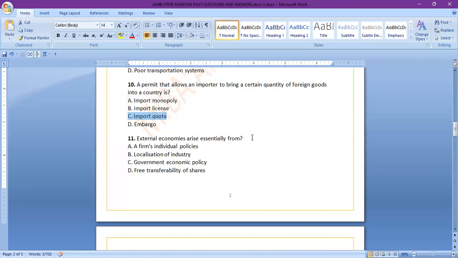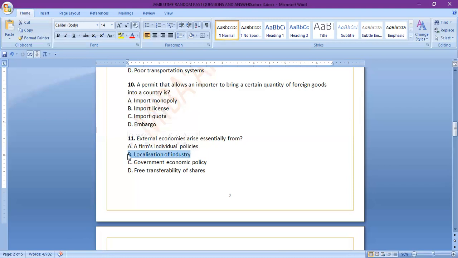Number 11, external economies arise essentially from A, firm's individual policy. B, localization of industry. C, government economic policy. D, free transferability of shares. The answer is localization of industry.